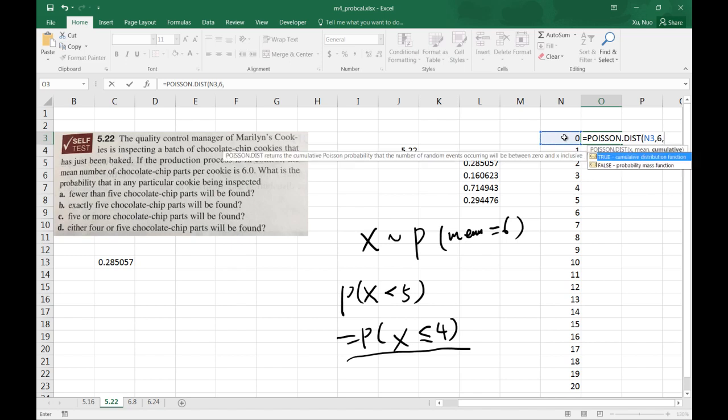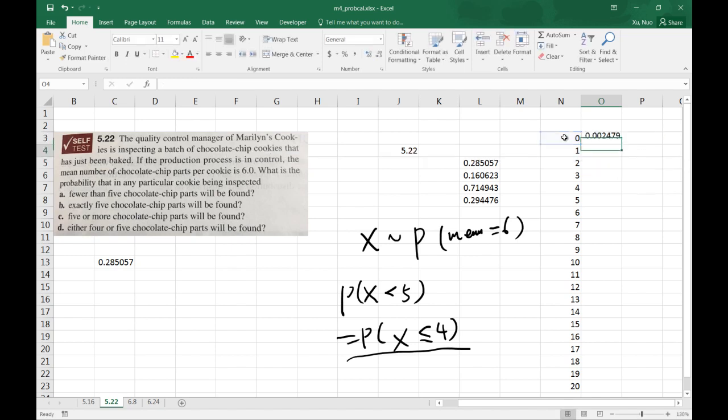And again, at this time, I'm going to calculate not the cumulative probability. I want to calculate the probability for each value that the variable might take on. So I will put false here. And then I just need to drag this cell all the way down to 20.